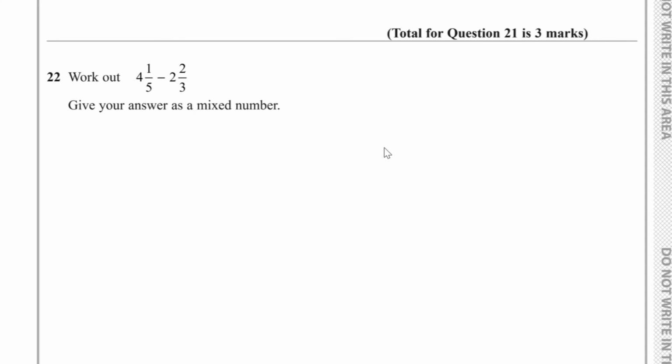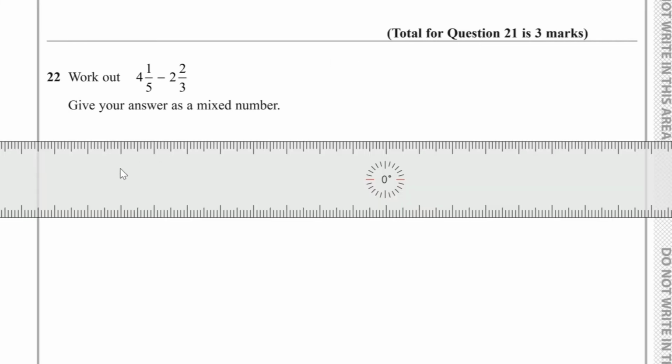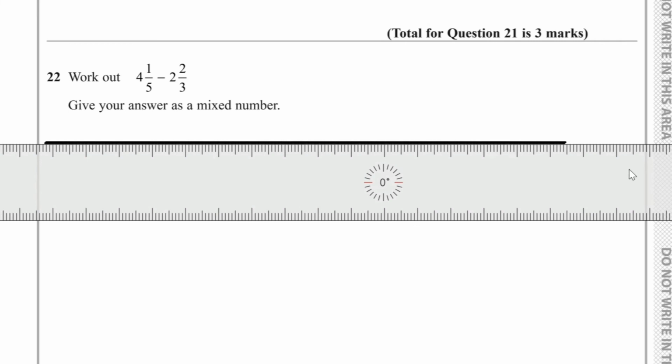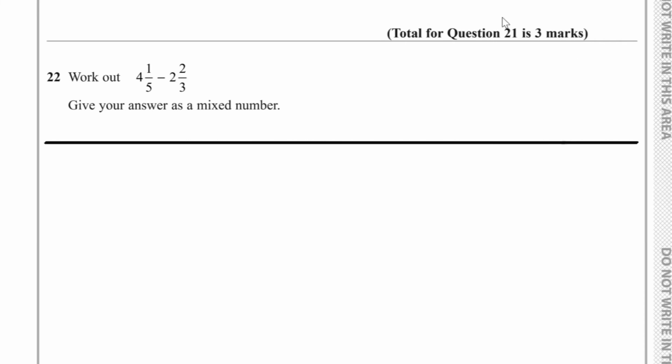Question number 22, we have to work out 4 1/5, subtract 2 2/3, giving our answer as a mixed number. Well, let's convert these. 4 1/5, well, I've got 4 times 5 plus 1 divided by 5.